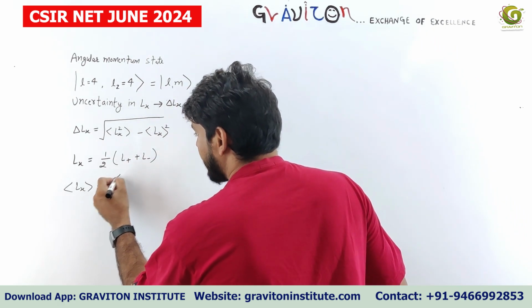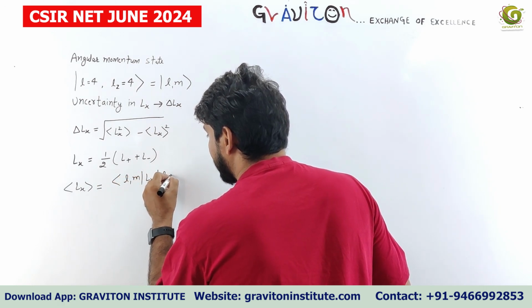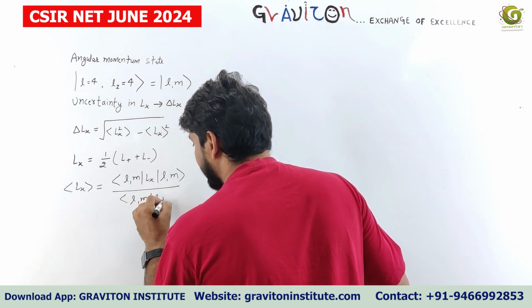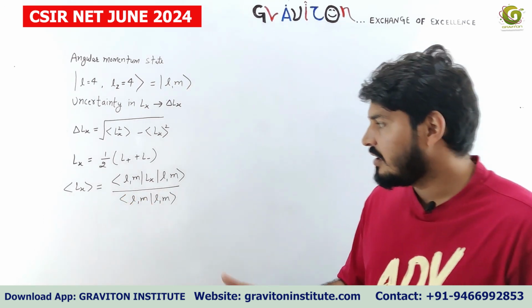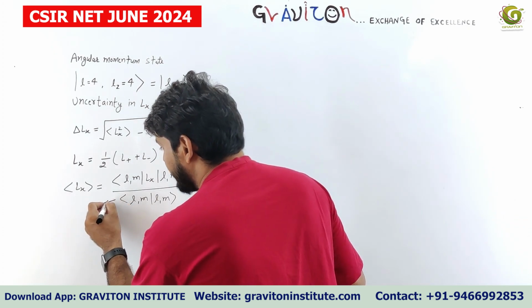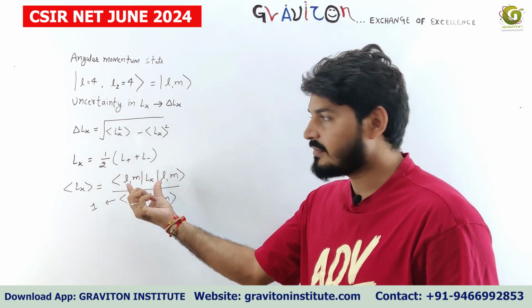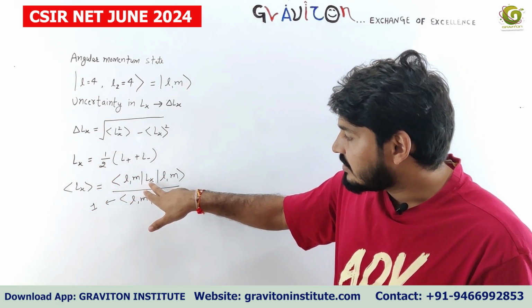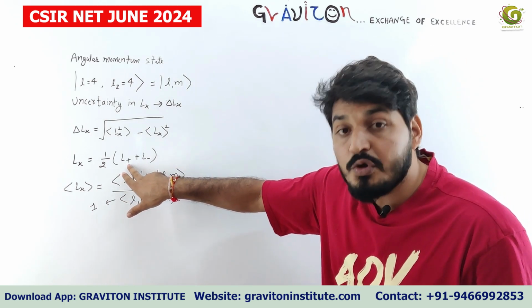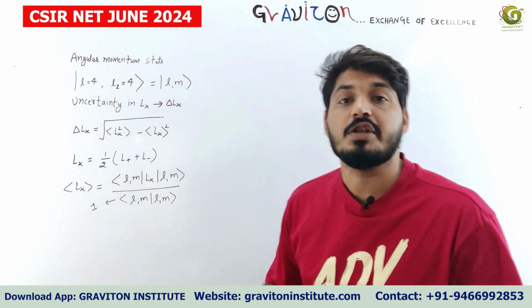So on this state Lm, what is the expectation value of Lx? Very simple: Lm, Lx, Lm, divided by Lm, Lm. Lm is an eigenstate, so the denominator is simply 1, and we have to find only this part. Lx includes the L plus and L minus operators.